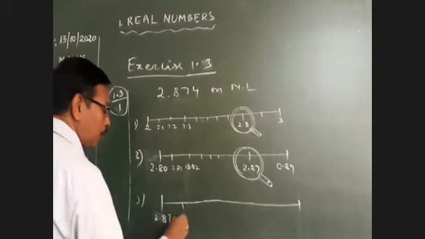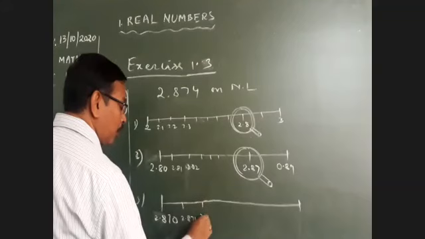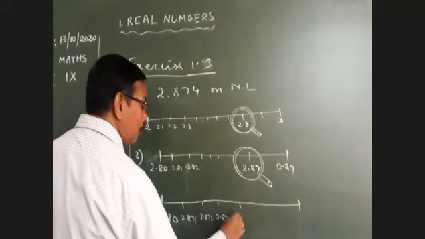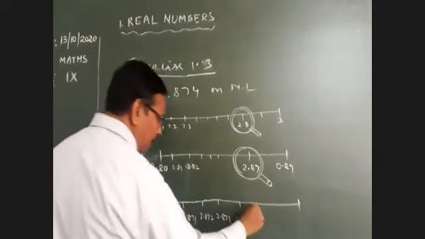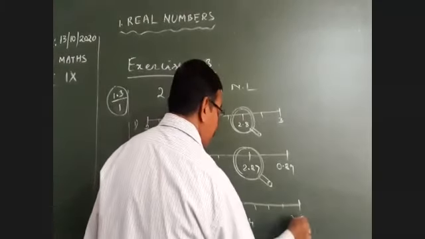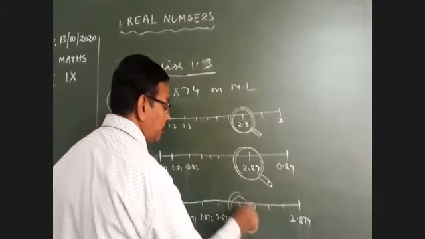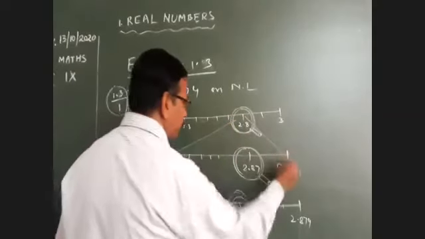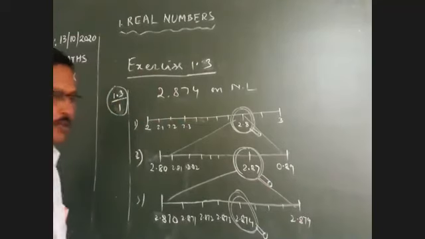Next 2.871, 2.872, 2.873, then 2.874, and it continues up to, suppose, 2.879. So this is the magnification here. This has come from this, and this has come from this. So this is called successive magnification.